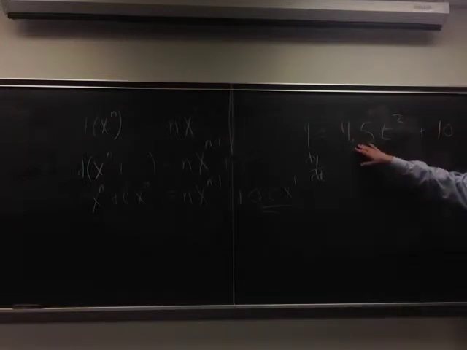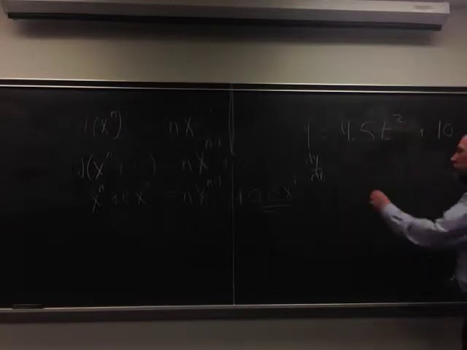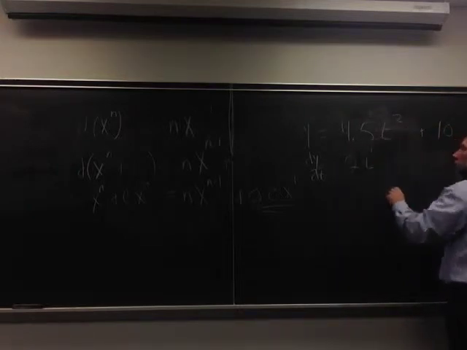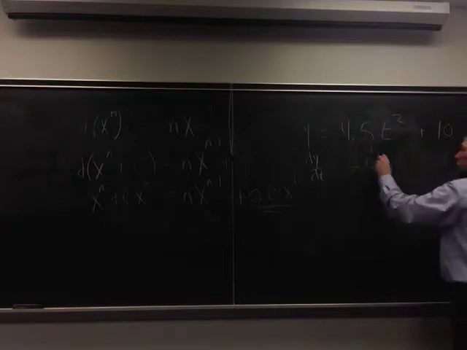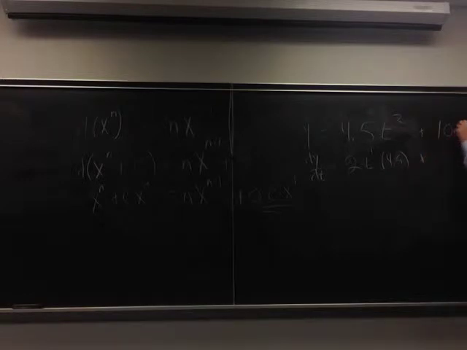This is a constant, doesn't have to change. We're going to take t squared, multiply by that exponent, and then reduce the exponent by 1. And we have to multiply by 4.5 again, because that's always in there. Plus 10, it's a constant. So by definition, it goes to 0. It's always 0.